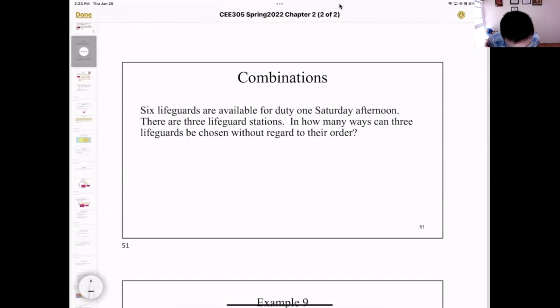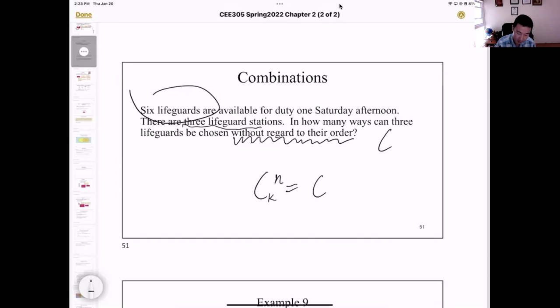Another lifeguard problem. So we have 6 lifeguards available for duty. There are 3 lifeguard stations. How many ways can they be chosen? The question tells us without regard to their order, so combination. So C(n,k), we need to choose 3 lifeguards from a total of 6.